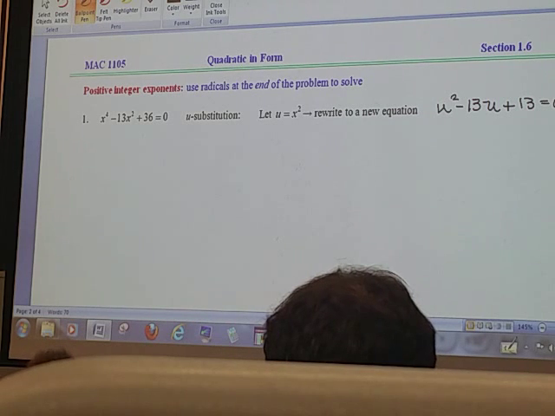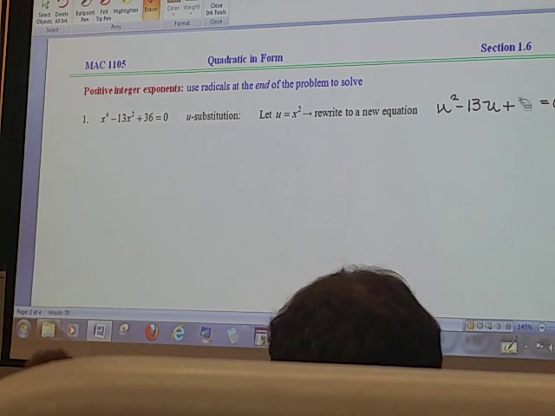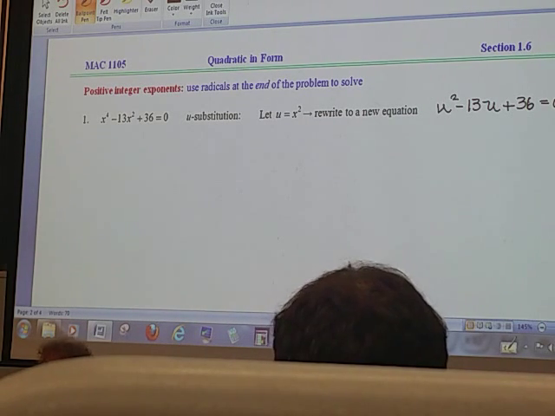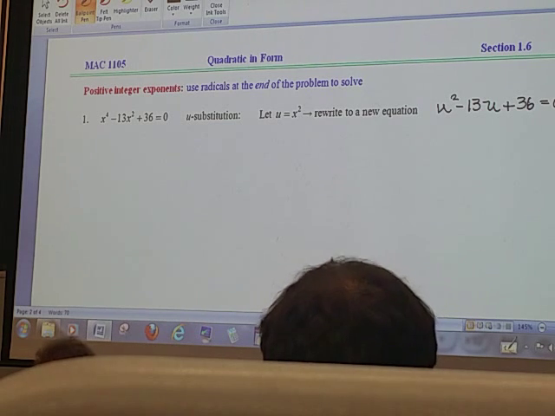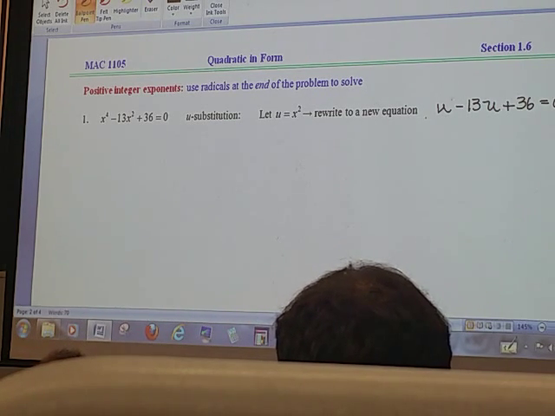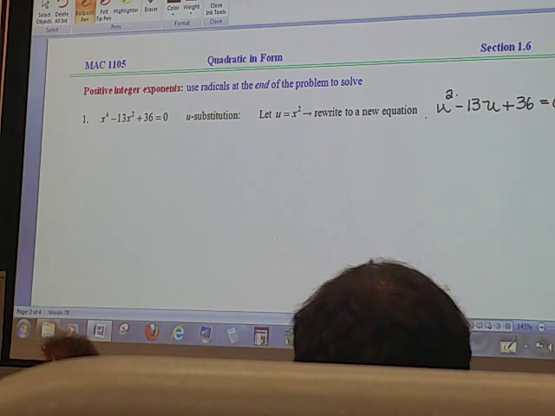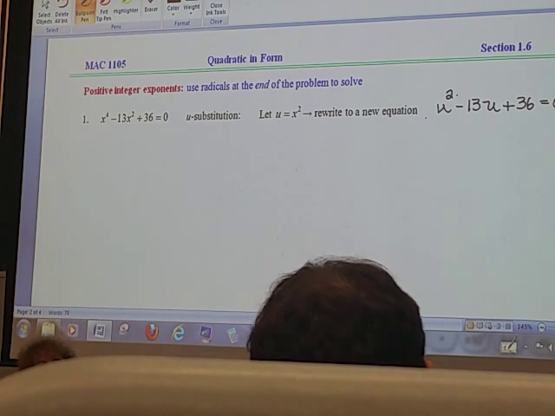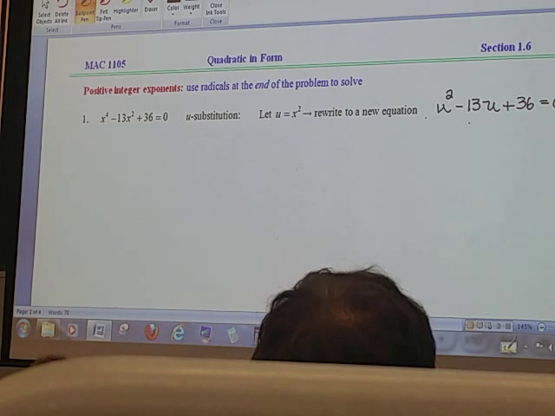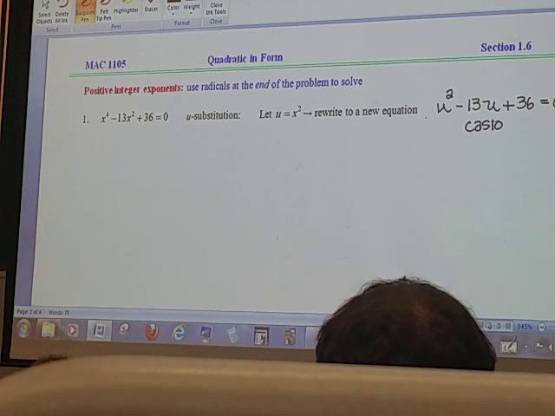Now you can see I can't copy, okay? So, let's pretend that's what it looks like. If this were what it looked like, what I'm pretending, then I could put that into my Casio, and I could get two answers.